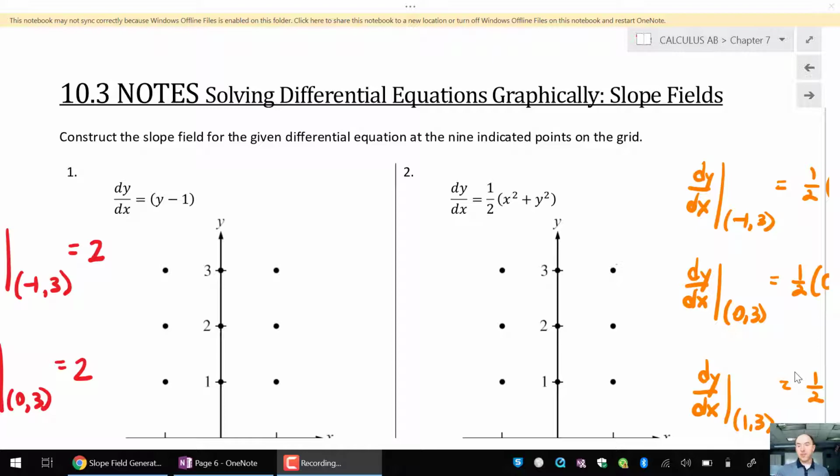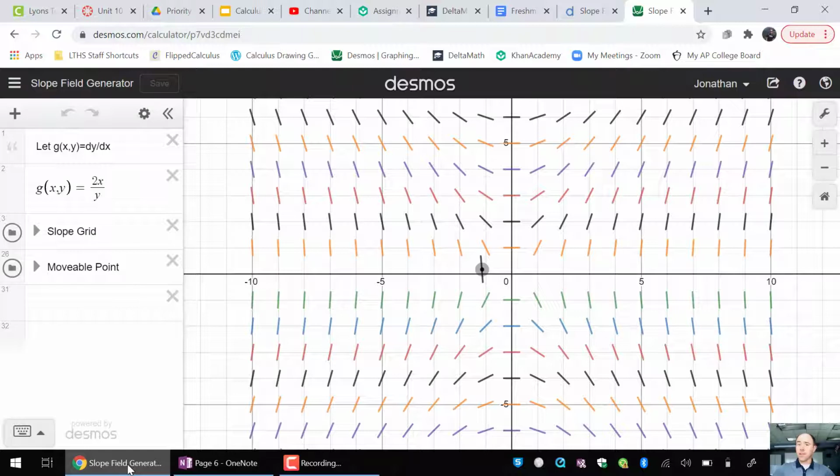And what is a slope field, you may be wondering? Here's a picture of one. A slope field is basically this. It's a graph that's filled with tiny little tick marks, or specifically slope tick marks, slope markings across the grid at many different ordered pairs across the coordinate plane. It's called a slope field.